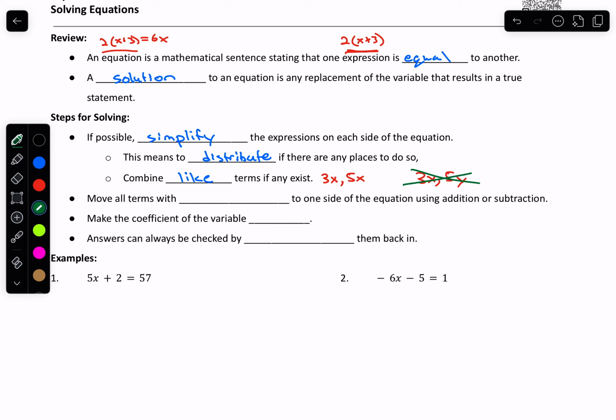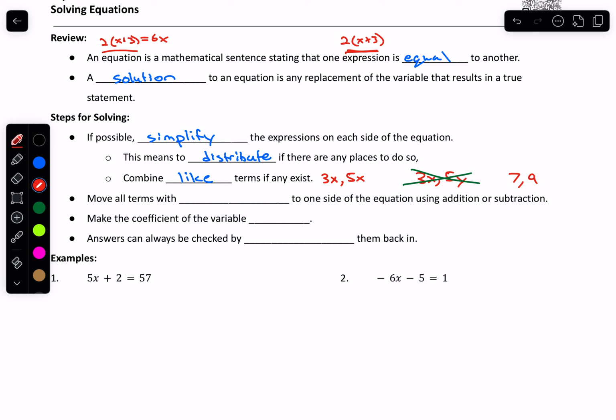Oh, and I should clarify here that if we don't have a variable attached, so if we just have numbers like 7 and 9, those are like terms, because no variable means the same variable. If they both don't have a variable, then that variable is the same. They just both don't have one. All right, so first we simplify both sides of the equation.